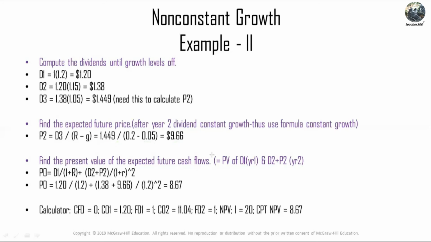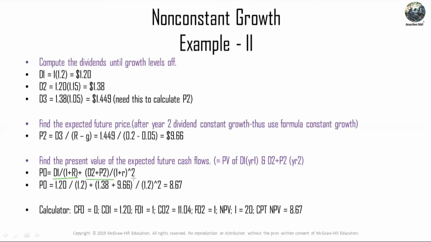Then we can also find the present value of the expected future cash flow, using the 2-period example which we have already exercised in our previous slide, where D1 divided by 1 plus R is for calculating the year 1 dividend, and D2 plus P2 divided by 1 plus R power 2 is for calculating year 2 cash flow.